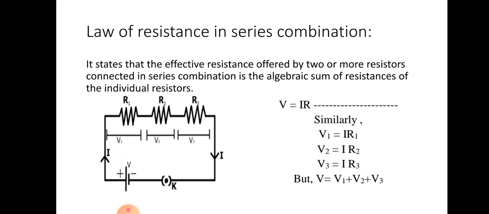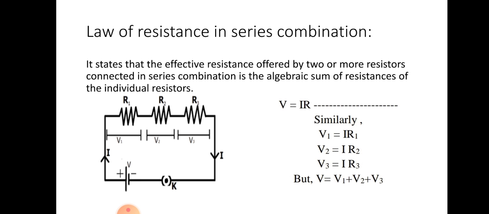And three resistors we have considered, R1, R2 and R3, which have specific values of resistance. The battery or the cell here has a potential difference V. Now when the components are connected in series, you have to always keep in mind that the same amount of current will pass through each and every component. So here the same amount of current will pass through resistor R1, R2 and R3.